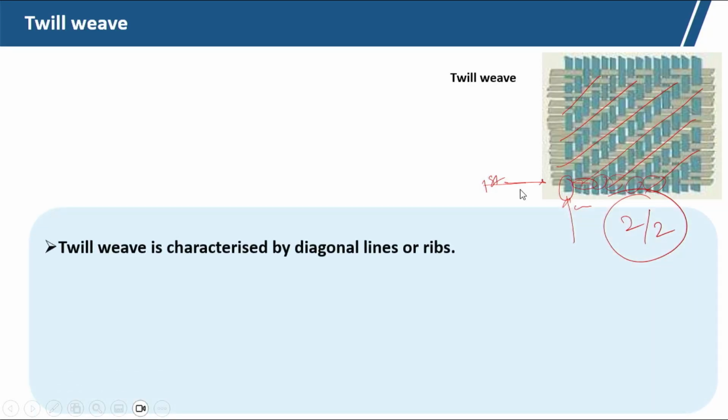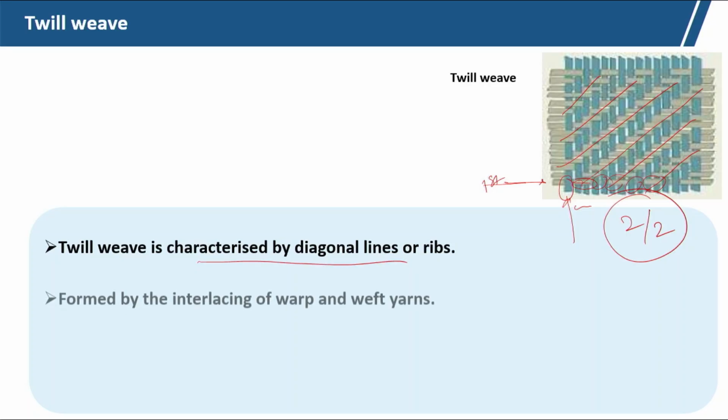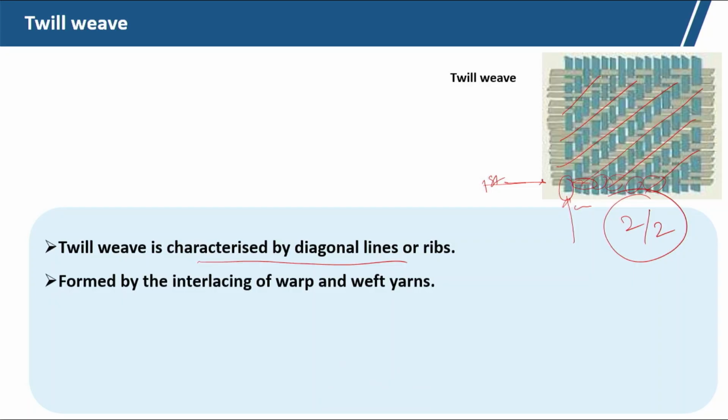Twill weave is created in the loom by offsetting the yarn movement, because it is characterized by a diagonal line, or ribs formed by interlacing the warp and weft yarn like plain weave.